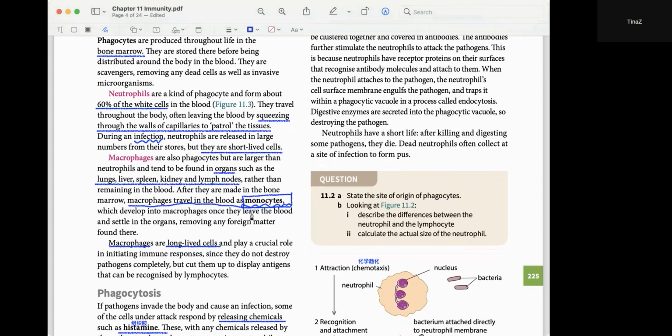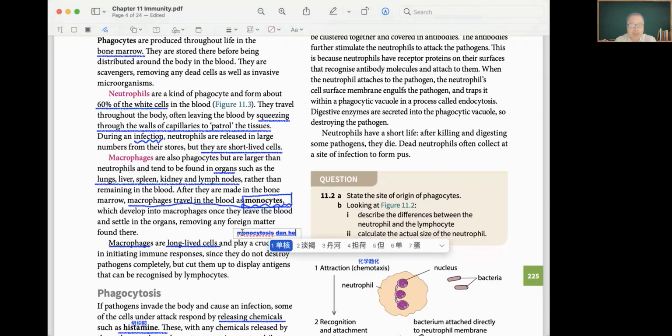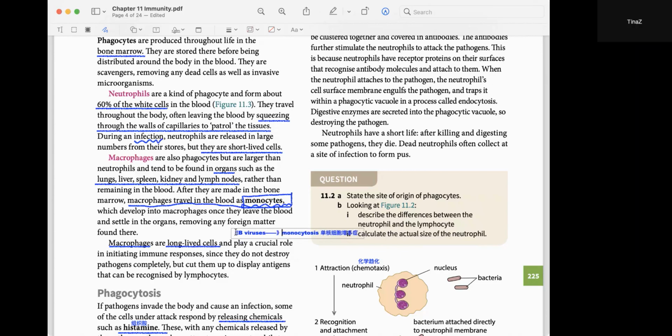I'm sure that previously we talked about a disease called monocytosis. I'm not sure you can remember monocytosis. Monocytosis in Chinese is 单核细胞增多症. Maybe you lost the name of the disease, but when I mention it, can you recall the name of the virus called EB virus?